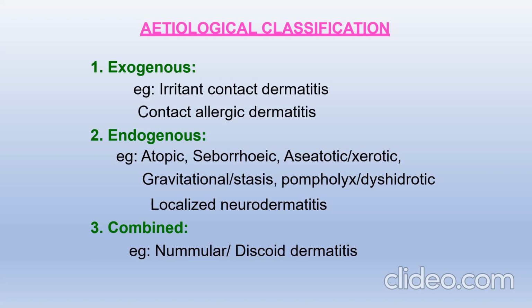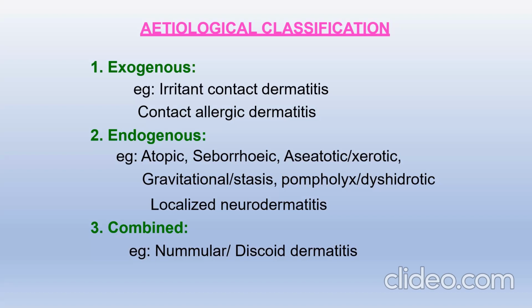For example, atopic dermatitis, seborrheic dermatitis, xerotic, gravitational or stasis, pemphigus, or dyshidrotic, and localized neurodermatitis. These are examples of endogenous dermatitis.